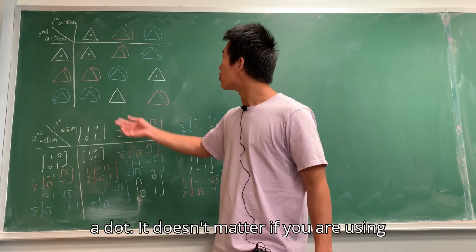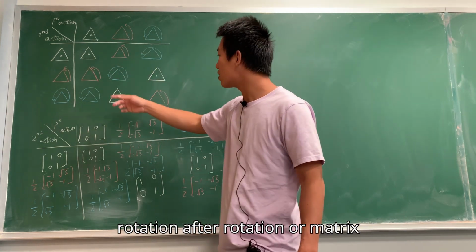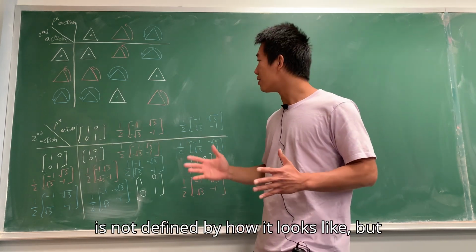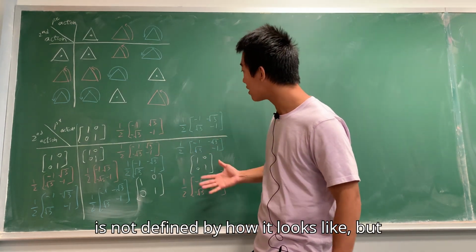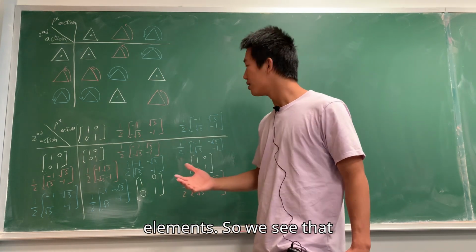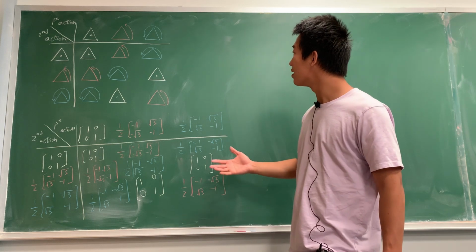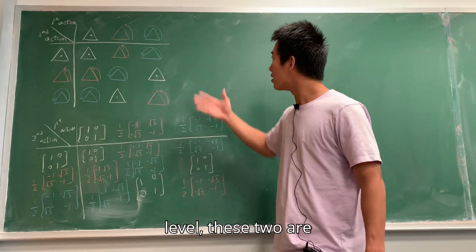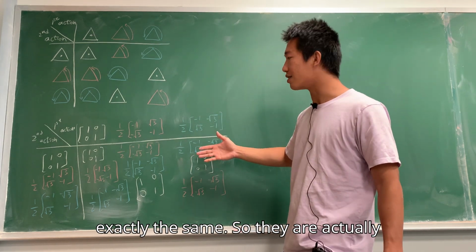It doesn't matter if you are using rotation after rotation or matrix multiplication. The group itself is not defined by how it looks, but just by the relation between every two group elements. So we see that at the group element relation level, these two are exactly the same.